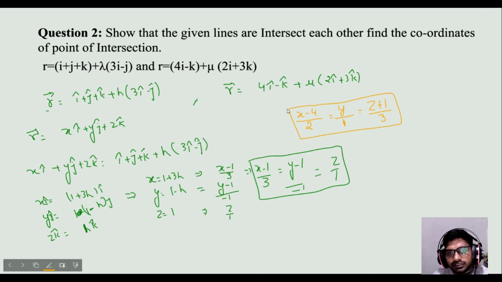This will give the second Cartesian equation, and when we get the second Cartesian equation, we will find the equations.